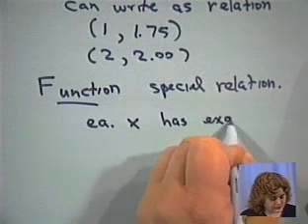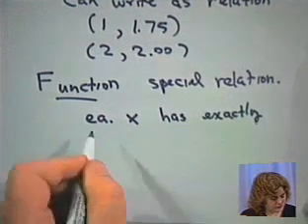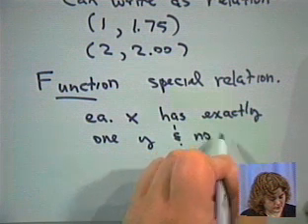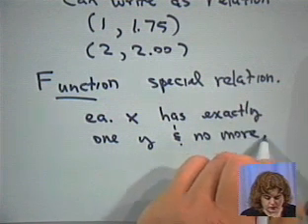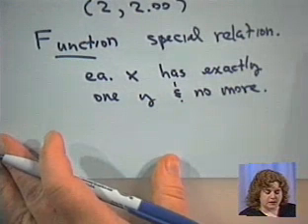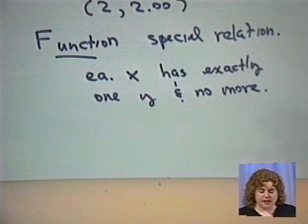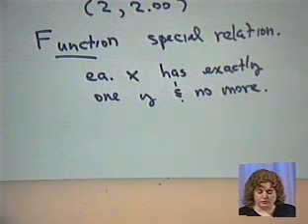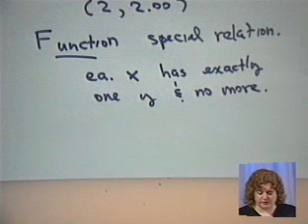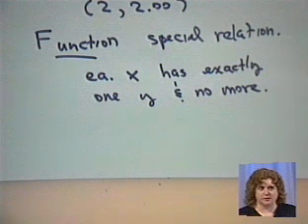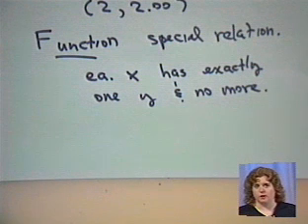It matches up with exactly 1 y and no more. So we're really talking about coordinates here in our ordered pairs. I'll just recite to you what it's more carefully stated. A relation in which for each value of the first component of the ordered pairs there is exactly 1 value of the second component. Each x has 1 y, no more.